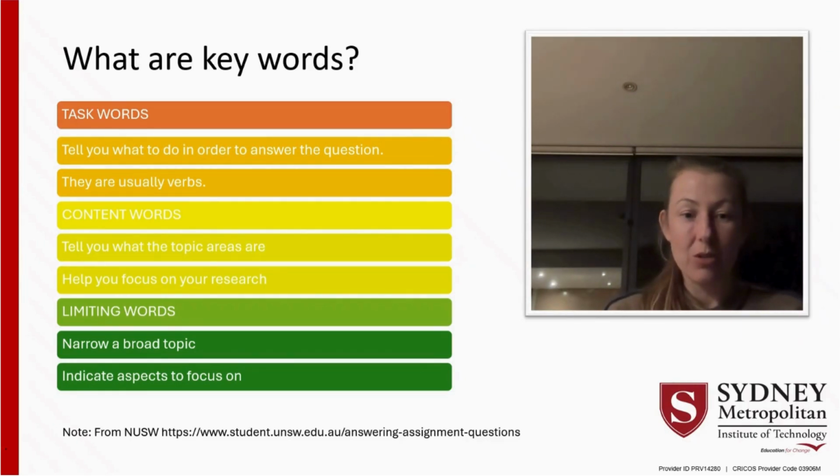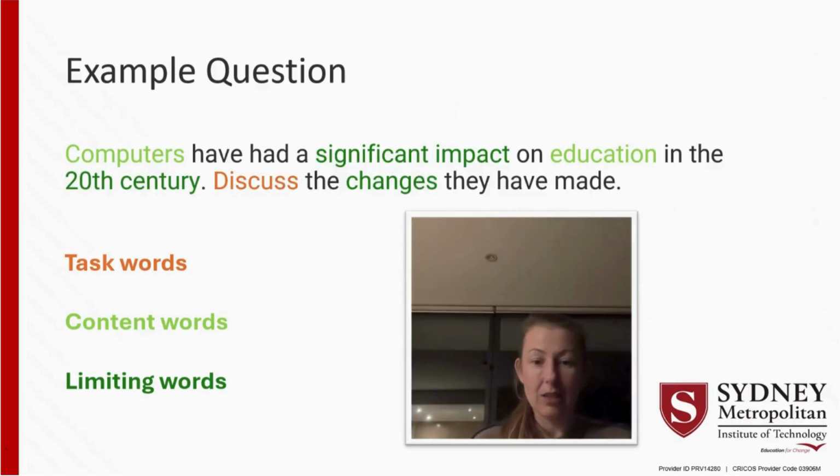So we'll go more into this as an example. We have got a question here. Computers have had a significant impact on education in the 20th century. Discuss the changes they have made. So the task word, obviously this is what you are tasked to do, and that is to discuss. You're not required to analyze, you're not required to do anything else. What is required is a discussion.